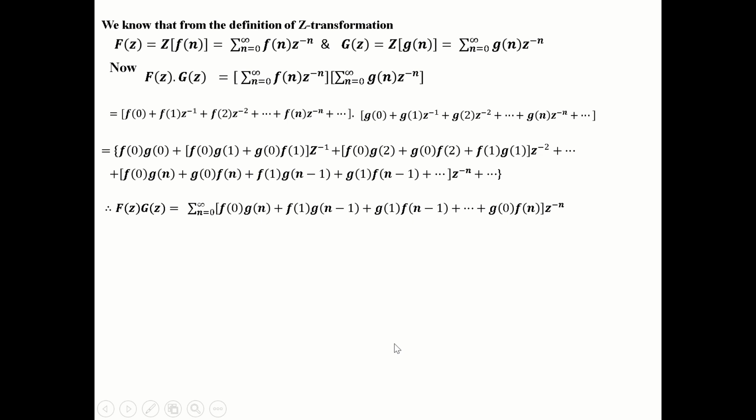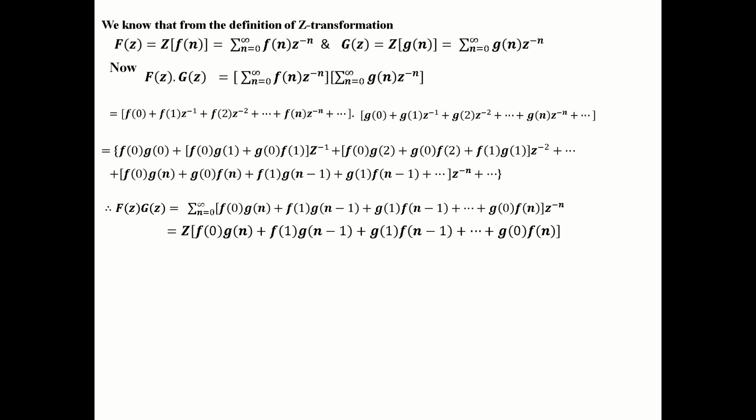So you will get F(z) into G(z), which is equal to summation n equals 0 to infinity f(0)g(n) plus etc. etc. g(0)f(n) z power minus n. That is Z of. So when you apply the Z transform definition, Z of f(n) is equal to summation n equals 0 to infinity, first condition, the function f(n), whatever it is, into z power minus n.